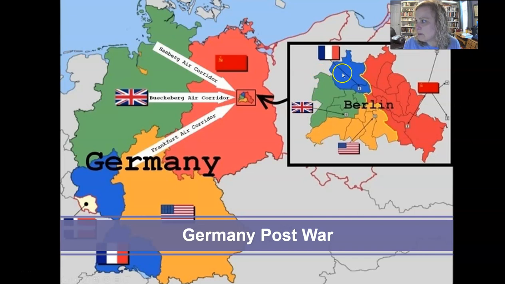So this is a blow up of Berlin. This is where it was. And you can see that it's divided up similarly. So literally, there's a small little itty bitty portion of Berlin that is free. The rest of it, Eastern Berlin, and everything surrounding it is all communist, okay?